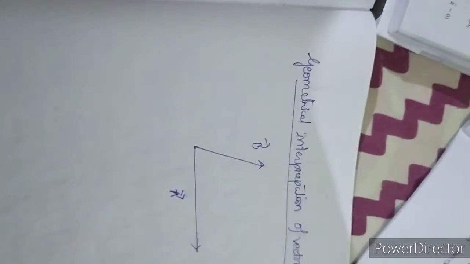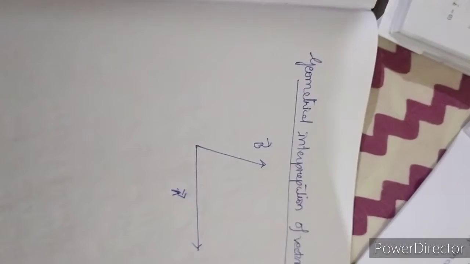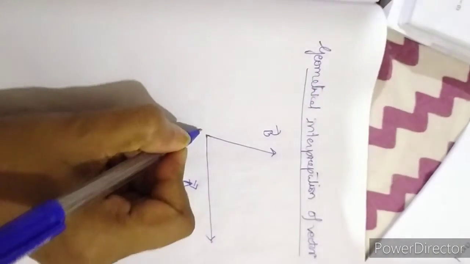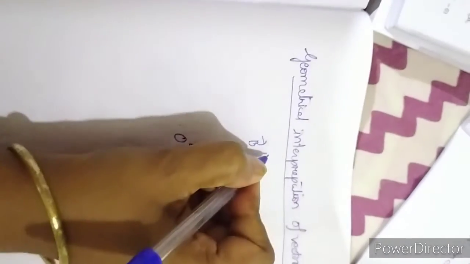I will consider two vectors A and B. Suppose this is vector A, and there is another vector, this is my vector B. They are represented by, suppose, this is my OP and this is my OQ.